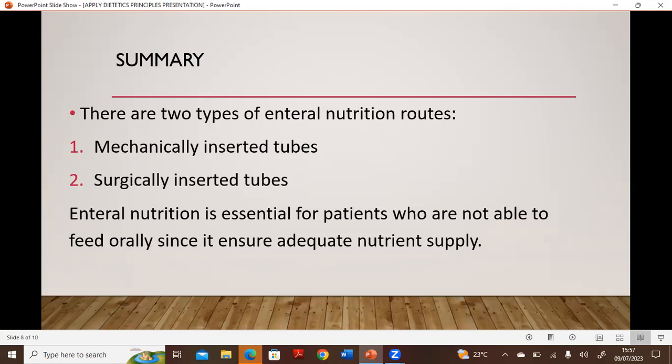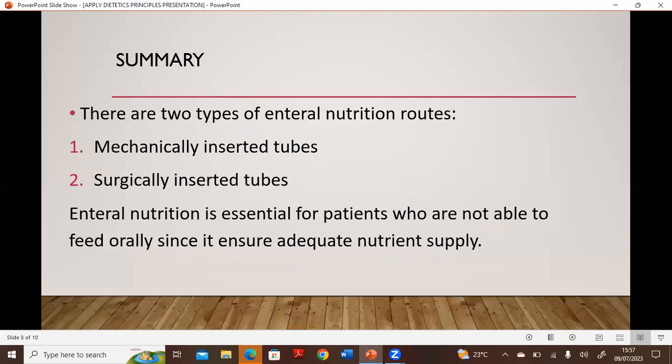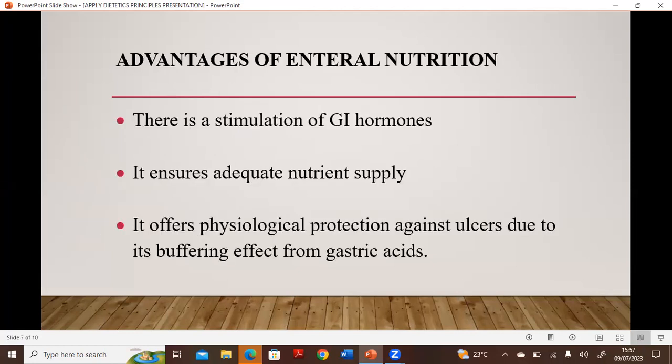Someone else? I've learned the surgically inserted tubes, which there are three. Yes, there are three. Very correct. Someone to tell us any example of the surgically inserted tube, one of them?